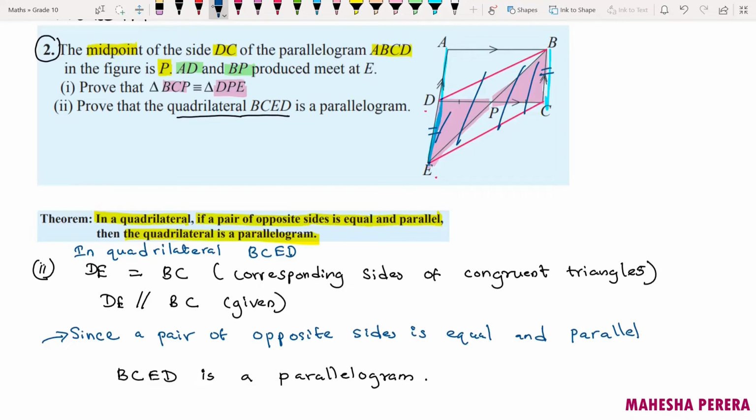So it's better if we can say on top, in quadrilateral BCED, DE equals BC and DE is parallel to BC. Therefore, since there is a pair of opposite sides that are equal and parallel, we can say that BCED is a parallelogram.